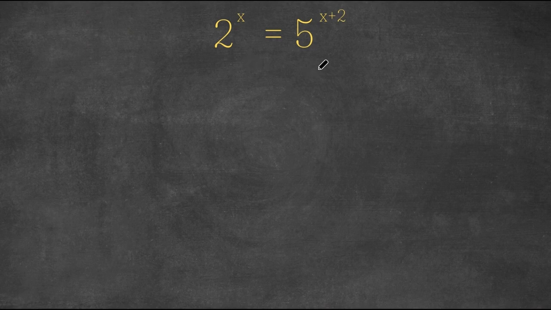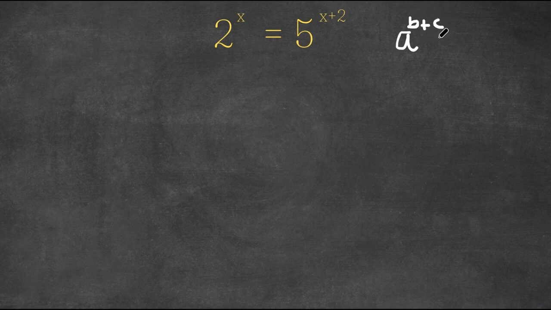So our first step is going to be to expand our right-hand side here. We have 5 to the power of x plus 2. And remember, let's say we have a to the power of b plus c.